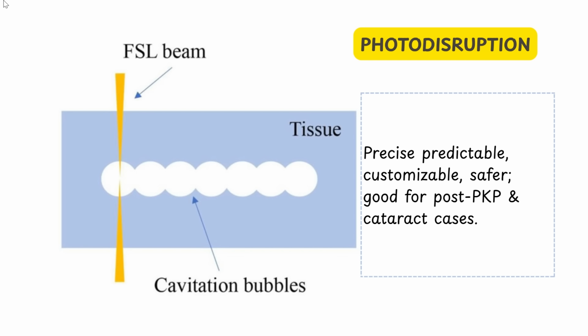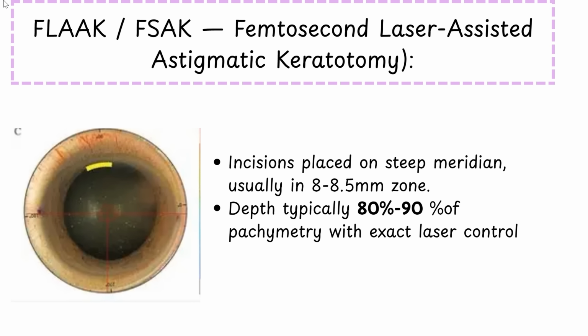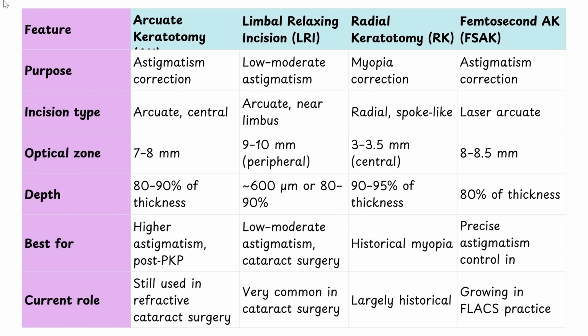Most incisions are set to 80 to 90% depth, similar to manual arcuate keratotomy, but with much better consistency. You can see in this table on your slide how radial keratotomy, arcuate keratotomy, limbal relaxing incisions, and femtosecond assisted procedures differ in their placement, depth, purpose, and predictability.